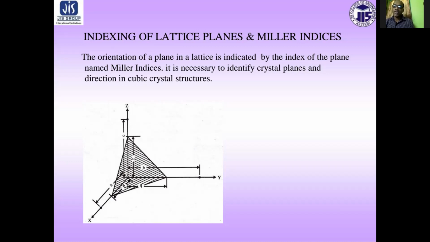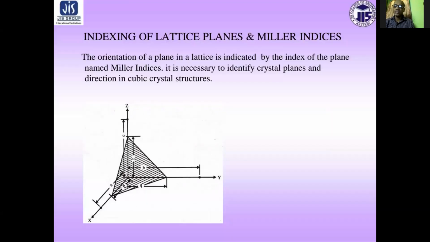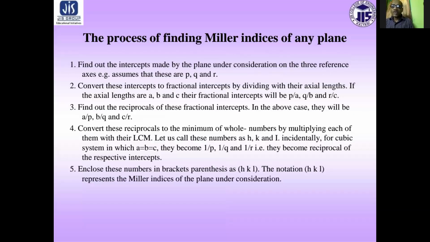So we need to find the Miller indices of this plane, and the procedure is as follows. First, we need to find the intercepts made by the plane under consideration on the three reference axes, x, y and z, and symbolically these are assumed to be P, Q and R. So the points P, Q and R lie along the x, y and z axes, and by joining them we get a plane.